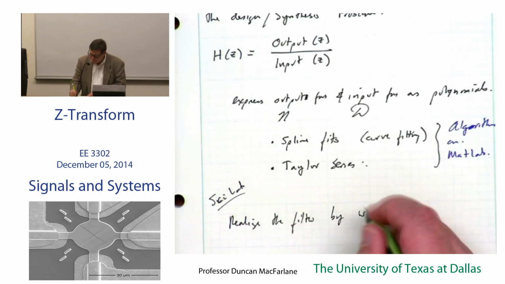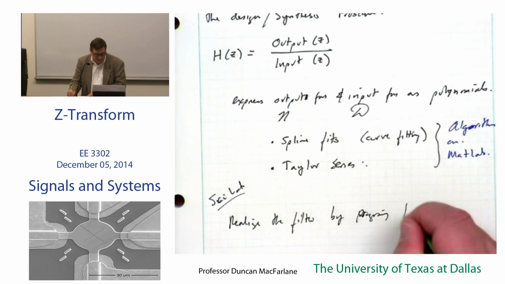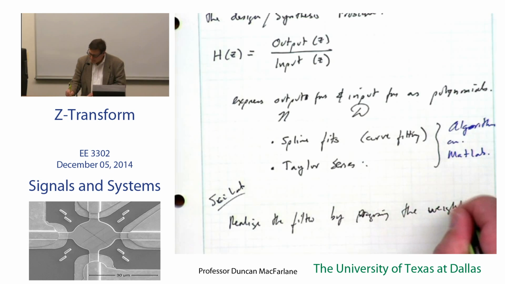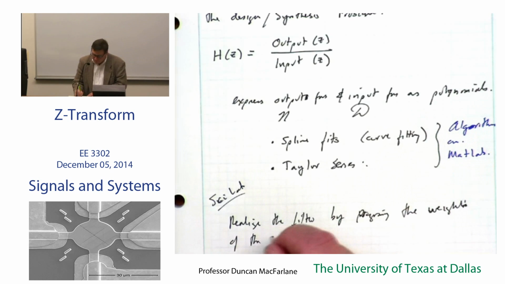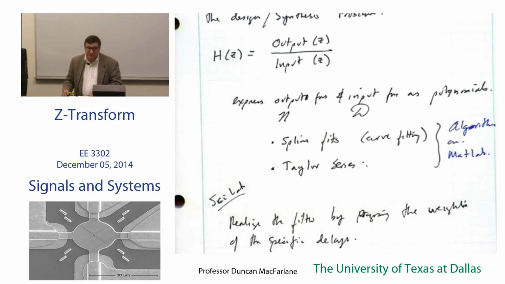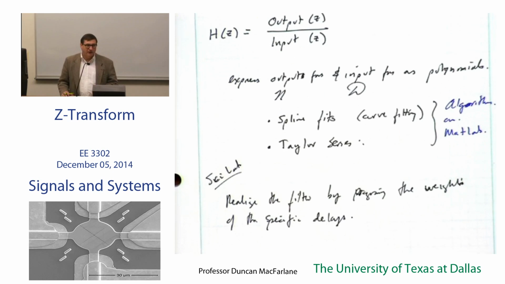So fit this and then realize the filter by programming the weights of the specific delays. Really straightforward. And in MATLAB, once you have these structures, you can hook your computer directly up to a DSP chip and transfer your MATLAB code directly onto it. There's a compiler that will take that MATLAB code, that .m file, and put it right onto your DSP.